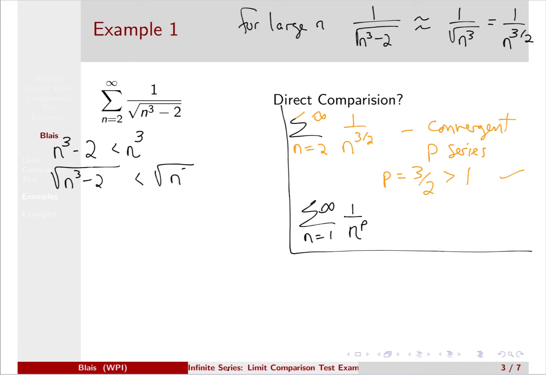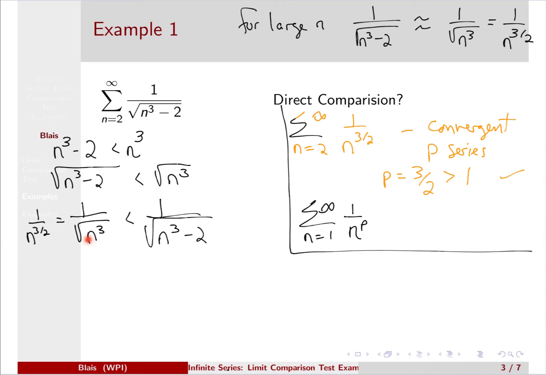And then, of course, cross multiplication tells us that 1 over root n cubed is less than 1 over root n cubed minus 2. So the 1 over root n cubed minus 2 represents the term from our series, and the 1 over root n cubed, which is of course 1 over n to the 3 halves, represents the term from this convergent p-series.